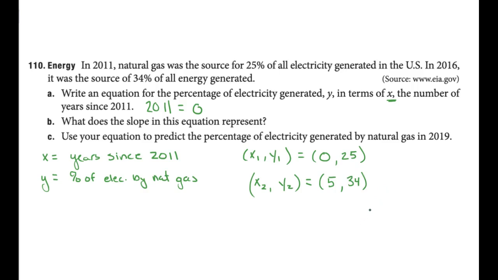So the first thing we need to do is figure out what the slope is. So the slope is going to be the change in y, so 34 minus 25, over the change in x, which is 5 minus 0. So 34 minus 25 is 9, and 5 minus 0 is 5, so the slope is 9/5. So now our equation becomes y equals 9/5 x plus, now we've got to think here, what is the y-intercept?